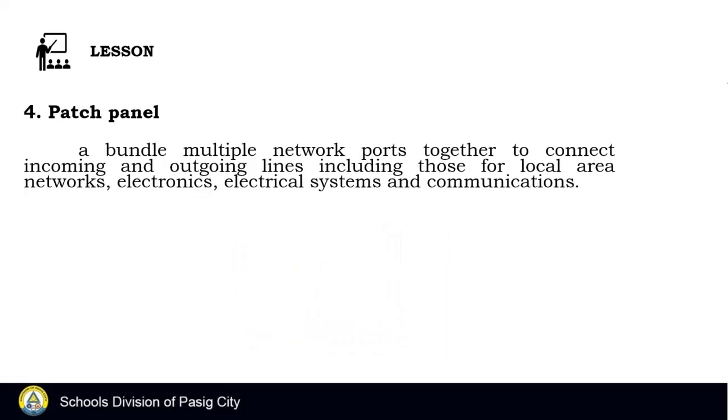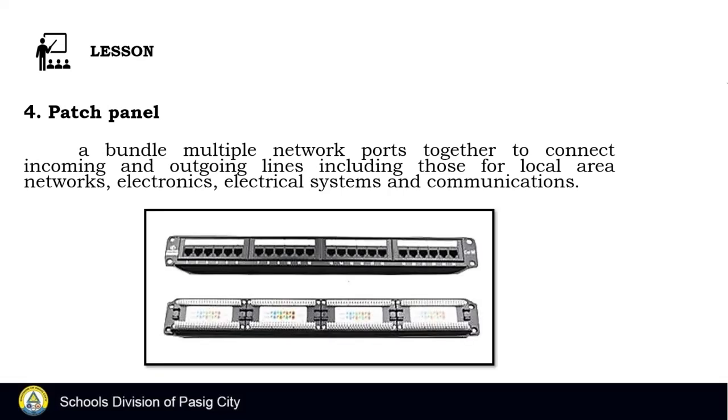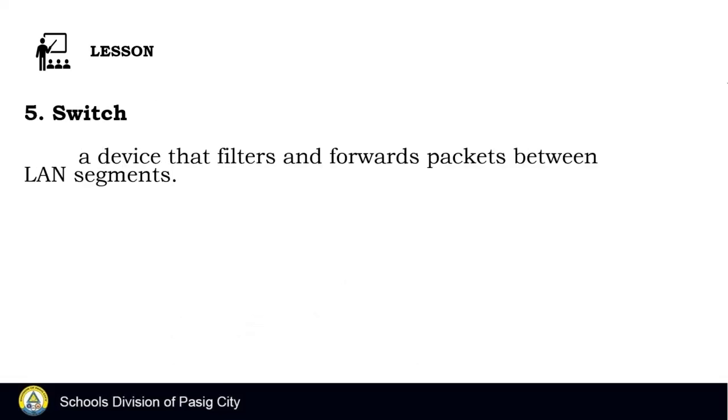Number 4, patch panel, a bundle of multiple network ports together to connect incoming and outgoing lines, including those for local area networks, electronics, electrical system, and communications. Number 5, switch, a device that filters and forwards packets between LAN segments.